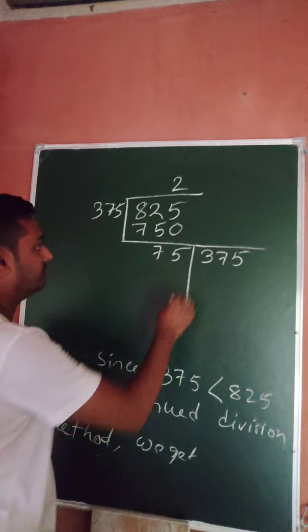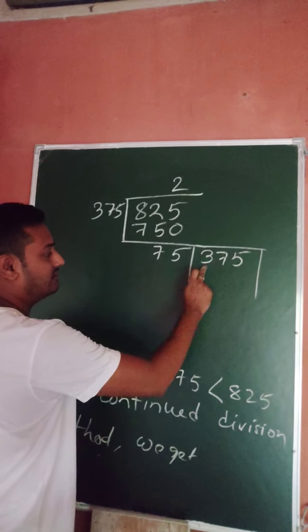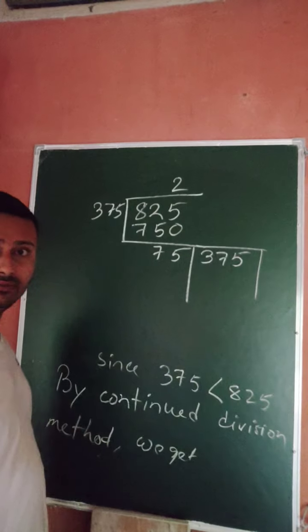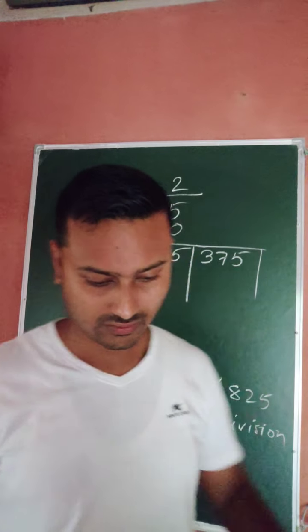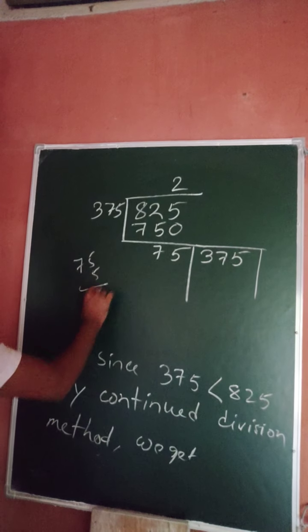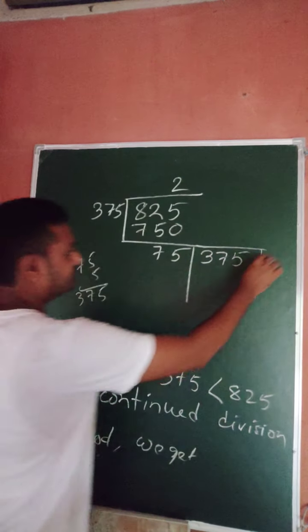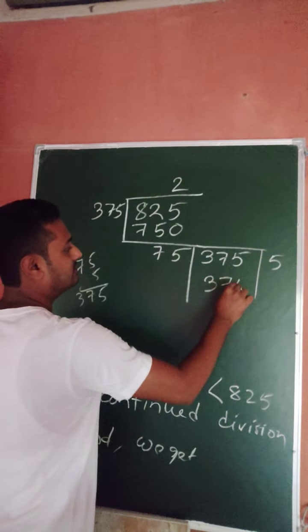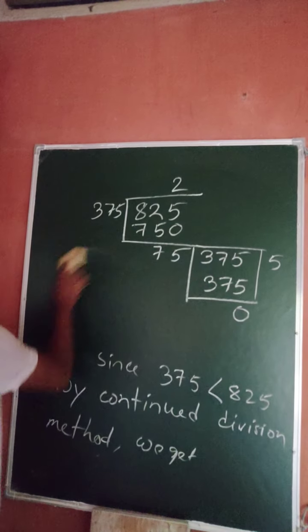So you have to divide 375 by 75. 75 into 5: 5 fives are 25, 5 and 2 carry on, 5 sevens are 35, 35 plus 2 is 37. So it becomes 0.